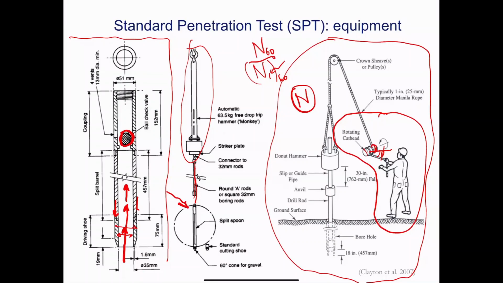Well, it comes from the deformation when you smash the anvil. You have compression waves moving up and down the rod, deformation of the setup. So often we use a reduced N, and we call it N60 to account for these energy losses. And we'll talk about how we accommodate for energy losses in a bit.